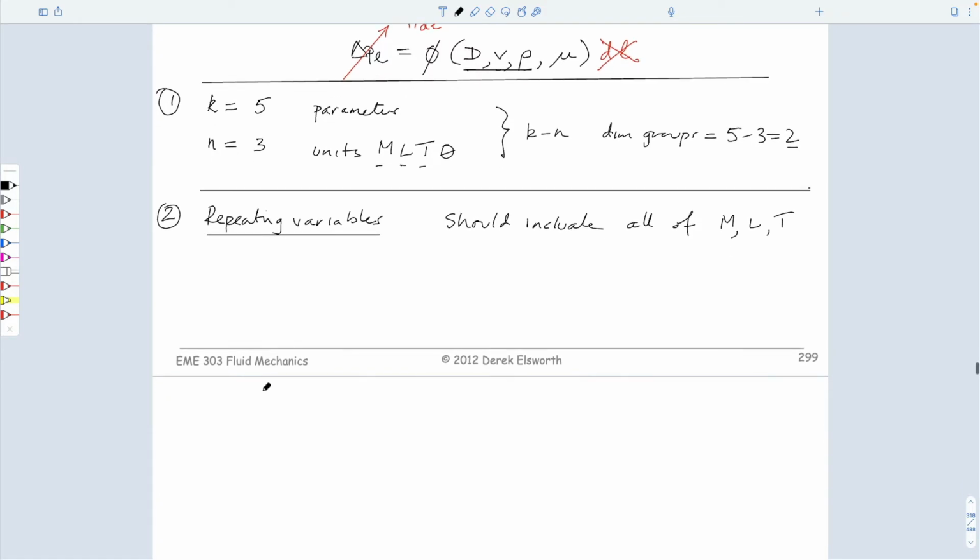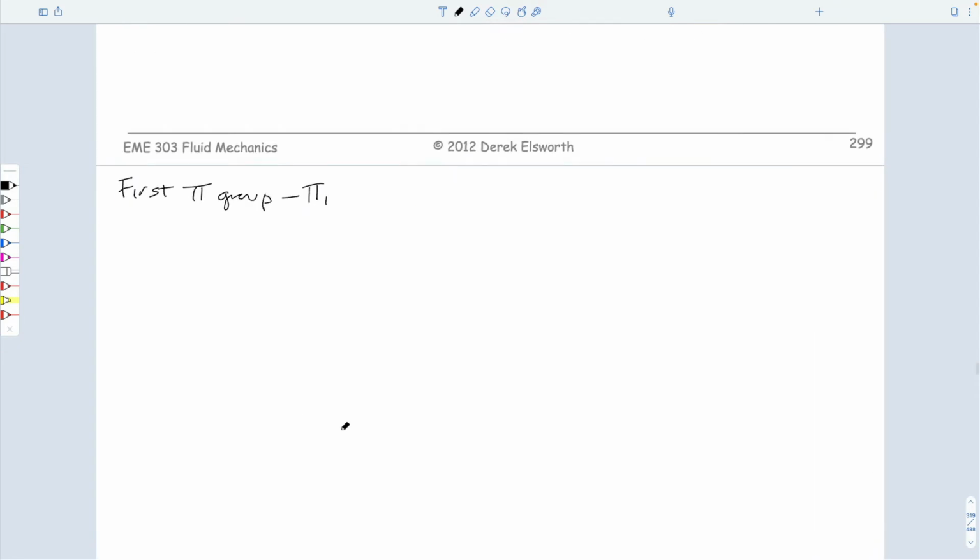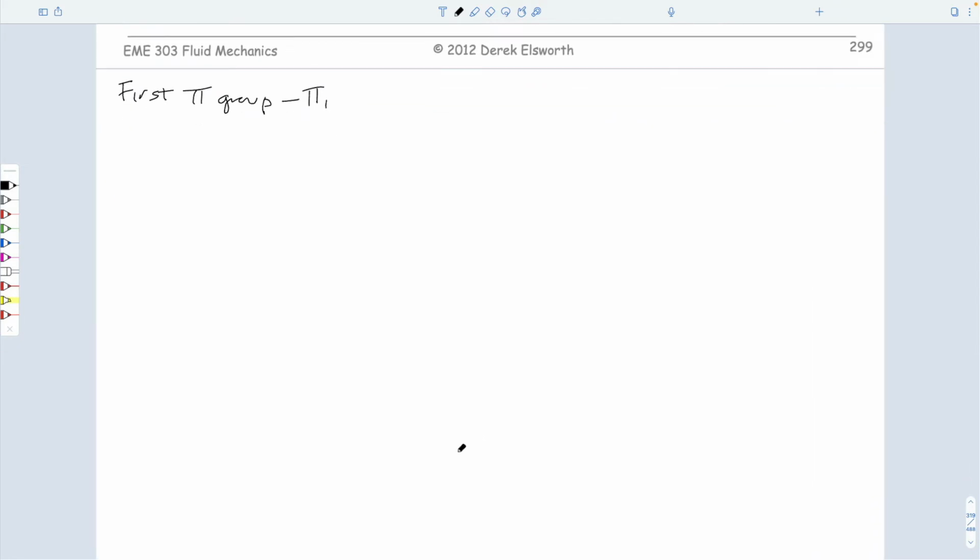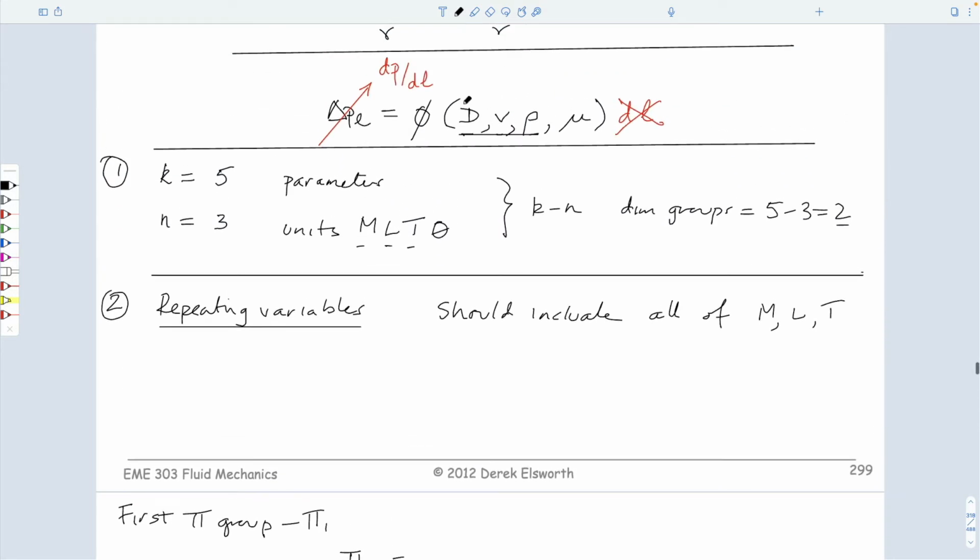And we're going to get our first pi group. Call it pi 1. So pi 1 is equal to these 3 groups, which will become repeating variables, plus our other independent variables, which is delta P over L, and viscosity will be the second one. So this is the one we'll take first.